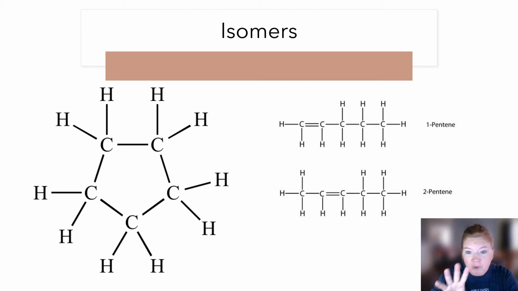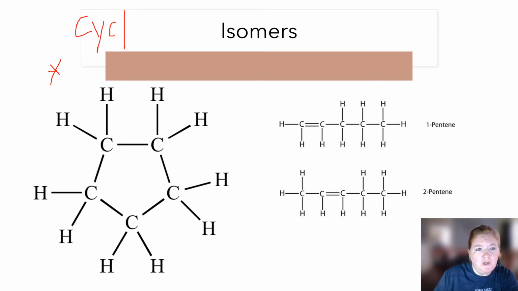Doesn't matter which one you're looking at right here, but they have different names because they have different addresses. Also, this one right here is called a cyclo. So I would say this is cyclopentane. Just so that you're familiar with it.